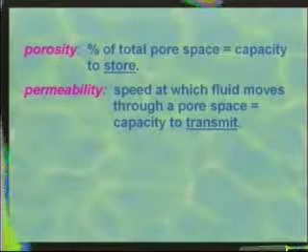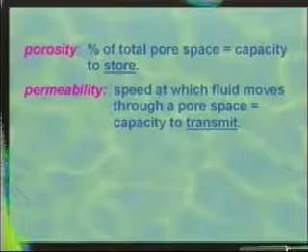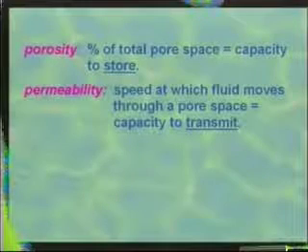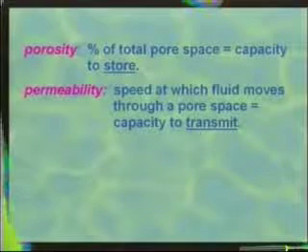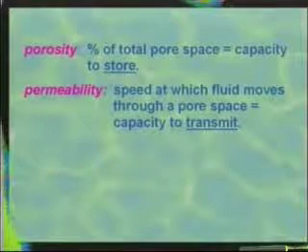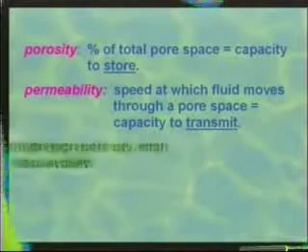In other words, are the pores connected? This is a capacity to transmit fluid. So porosity and permeability come into play as significant parameters for hydrogeologists when we study those rock layers and those sediments that contain the fluids.